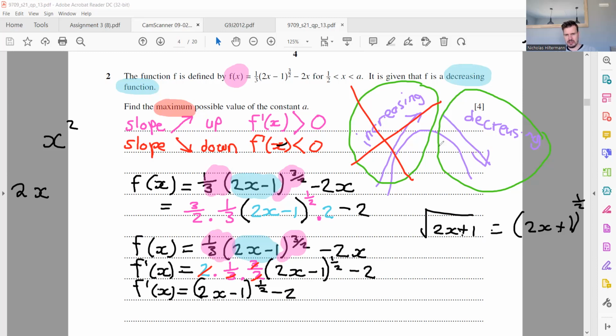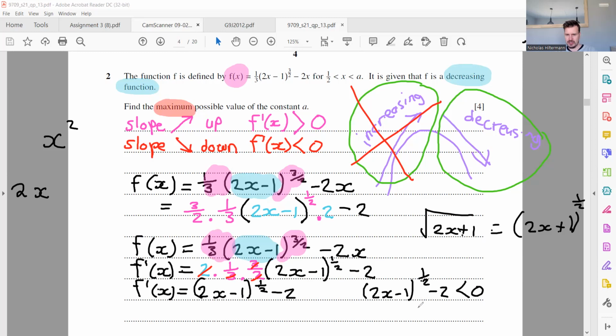Because we know that if it goes downwards, it's less than 0. So it's sloping downwards. So what I have to do is I have to say, well, if this is f dash of x, that must be less than 0. So what I do is I will say that 2x minus 1 to the power of a half, minus 2, this derivative that I just found, must be less than 0 if it's a decreasing function.